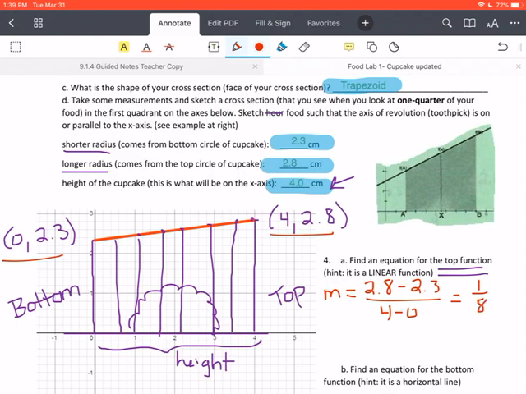So my numbers worked out nicely. If yours are decimals, go ahead and round to the nearest thousandth, 3 decimal places. Then from there, I am going to take advantage of my y-intercept and see that my line is going to be y equals 1/8 x plus 2.3.